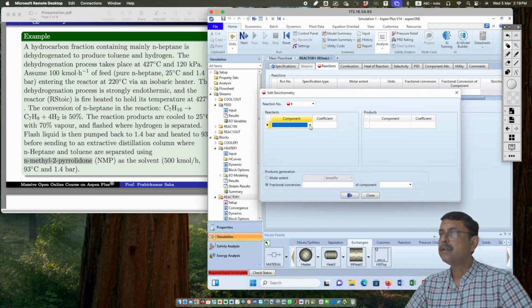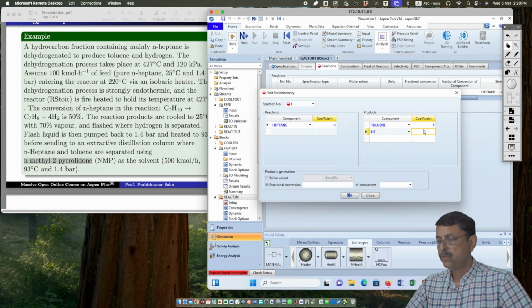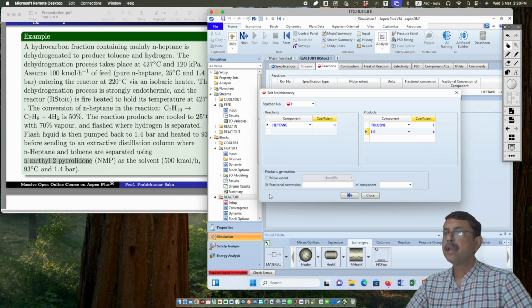C7H16. So one heptane converts into 1 toluene and 4 hydrogen. So it will be 1 toluene and 4 hydrogen. Okay. And fractional conversion, it is 50%. So we write 0.4 of heptane.